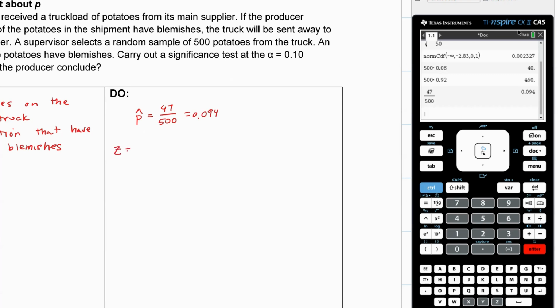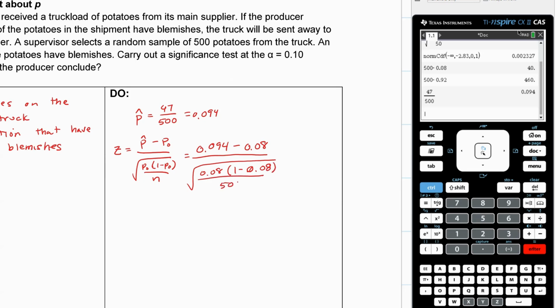Our z-value is p-hat minus p-naught over the square root of p-naught times 1 minus p-naught over n, or in this case, 0.094 minus 0.08, all divided by the square root of 0.08 times 1 minus 0.08 divided by 500.